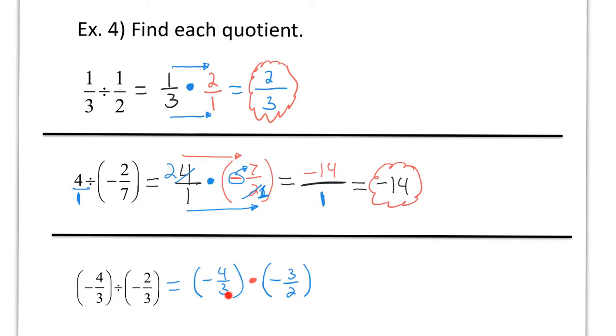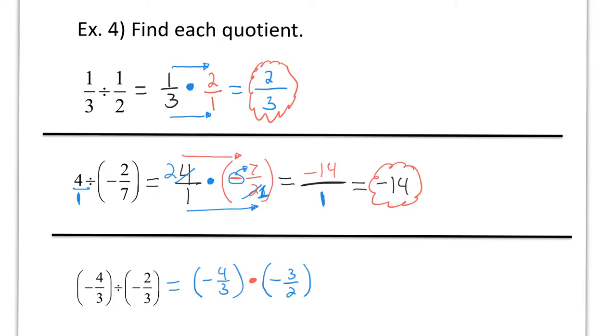Notice that we do have 2 negatives. Now you already know this. I gave you a tip in class, and I'll say it right now. If you are multiplying or dividing and you have an even number of negatives, 2 is even, 4 is even, 6, 8, 10, your answer will be positive when you multiply or divide.